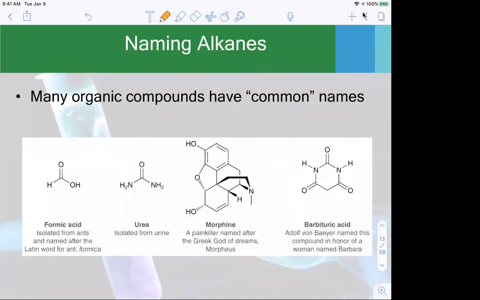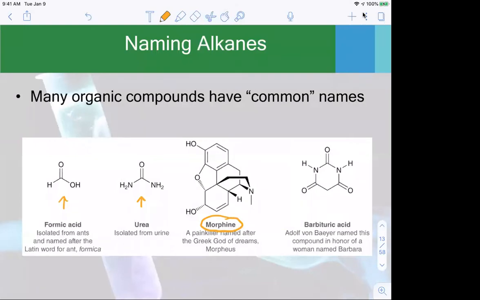Many organic compounds have common names. For example, this is called formic acid, but it's actually methanoic acid, according to the IUPAC name. This is called urea. This guy is morphine.